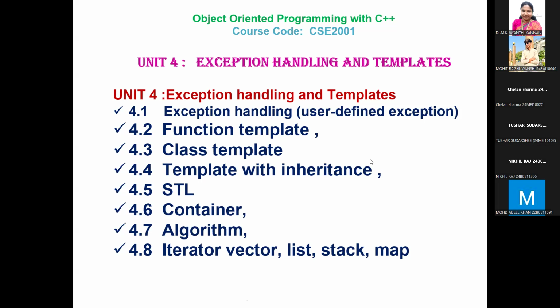We already discussed inline functions, implicit and explicit functions, and the same way constructors, user-defined constructors and default constructors. In the same way, in exception handling also we have two types, implicit and explicit. Implicit will be taken care of by the C++ compiler.